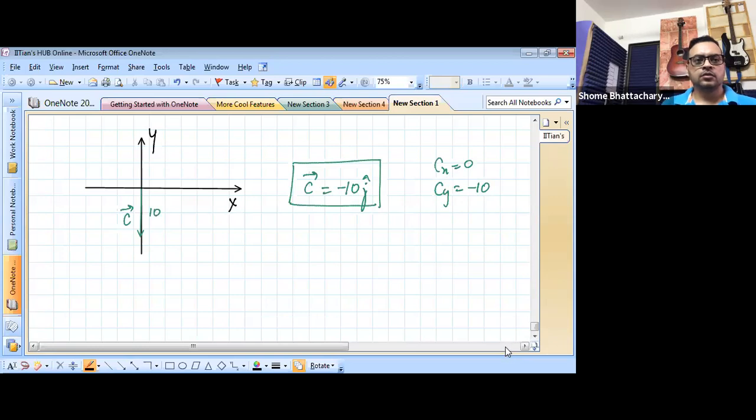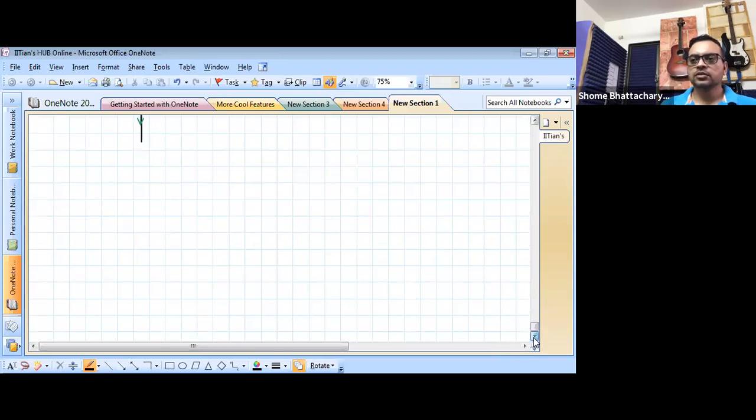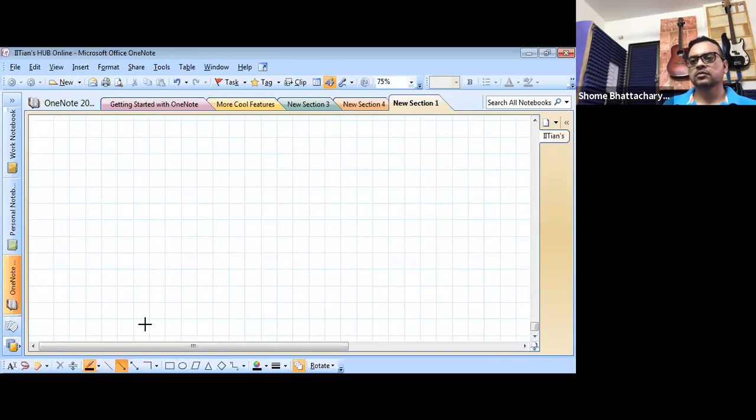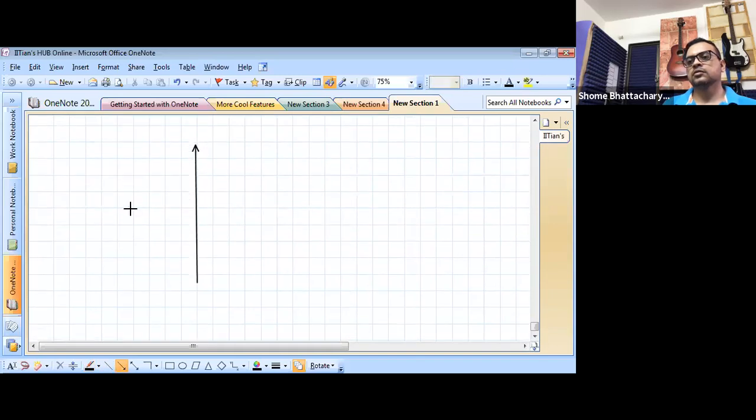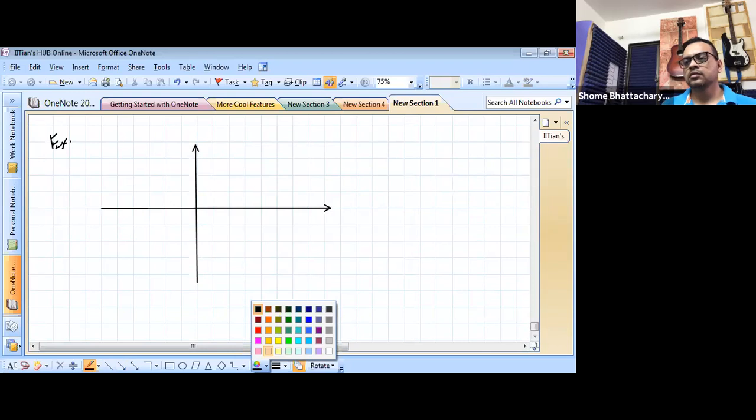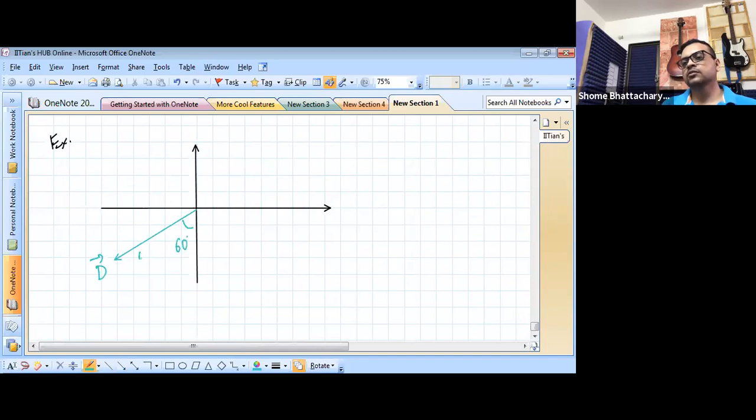Okay, people, clear. So similarly, now suppose we had another example, a vector which is like this. So this vector D, where this angle is, let us say, 60 degrees, and its magnitude was 50.